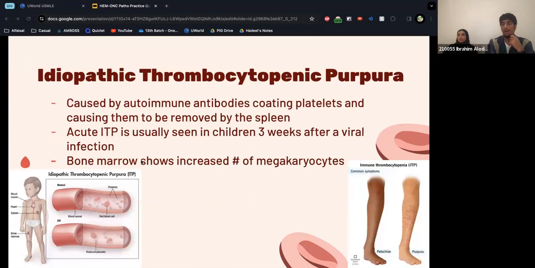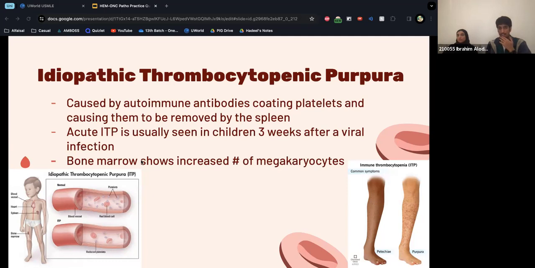A little bit about ITP. Basically it's caused by autoimmune antibodies that coat platelets, and then they cause them to be removed by the spleen. Usually acute ITP is seen in children, as in this case. Usually it's 3 weeks after a viral infection, here it was 1 week, doesn't really matter.